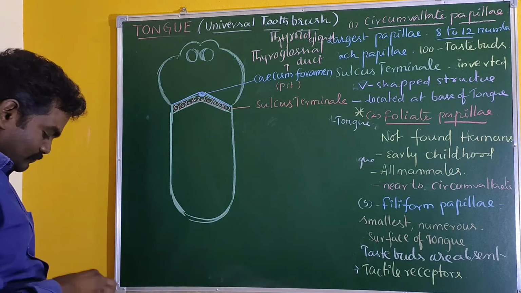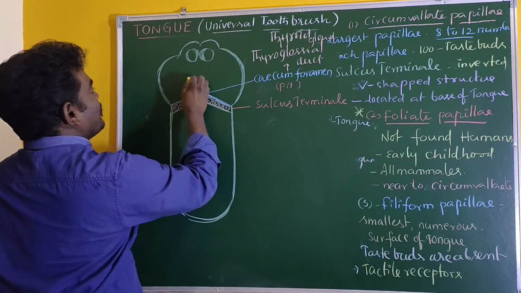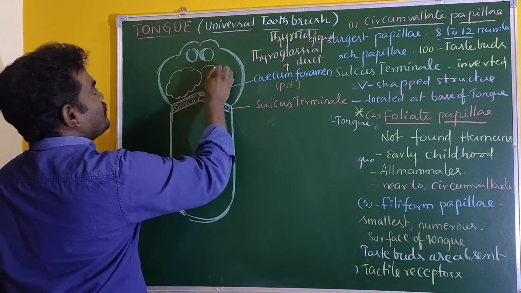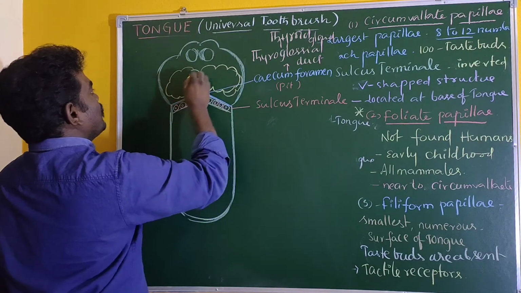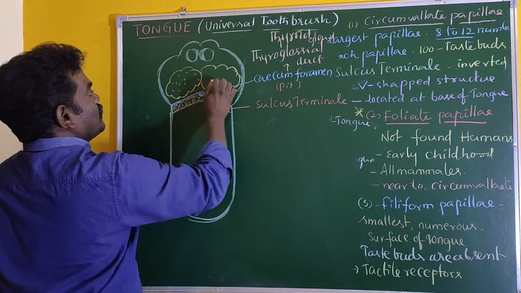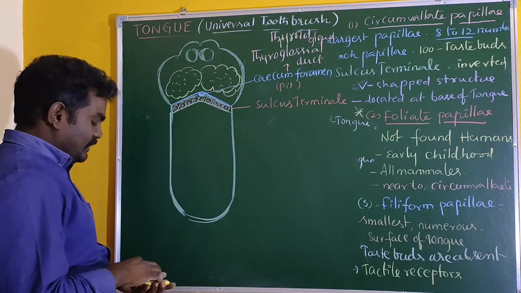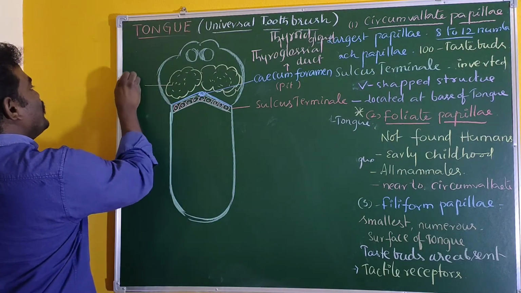Next, on top of this foramen cecum, we find some more structures. These are known as a kind of tonsils, the lingual tonsils.